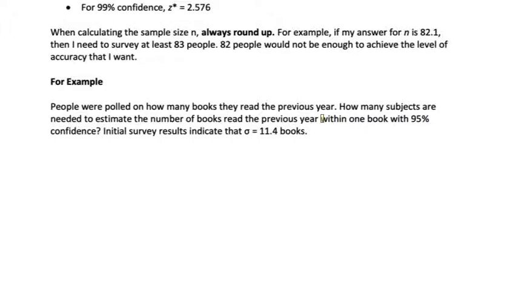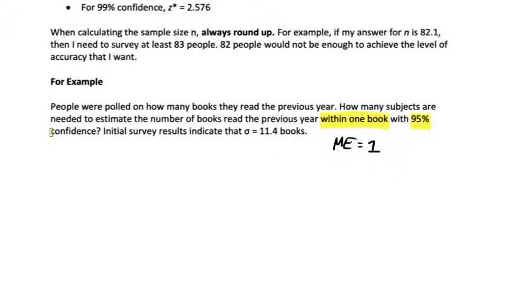So I need to identify my three numbers here. This is the margin of error. Within one book means that the margin of error is equal to 1. I want 95% confidence.